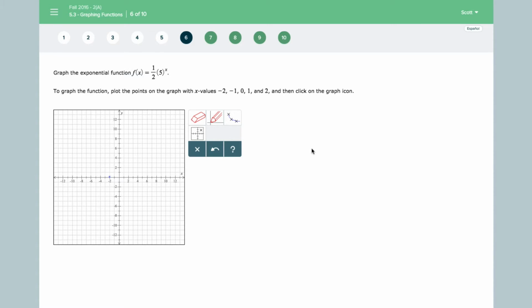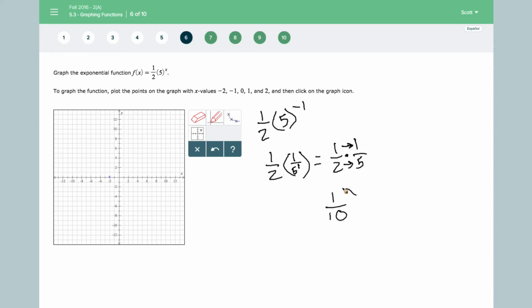Now let's go through and go ahead and do the next one. 1/2 times 5 to the negative 1. The negative 1 means I flip it upside down, so 1/2 times 1 over 5 to the 1. And that equals 1/2 times 1 over 5. 5 to the 1 is just 5. So we multiply straight across. We get 1 over 10.